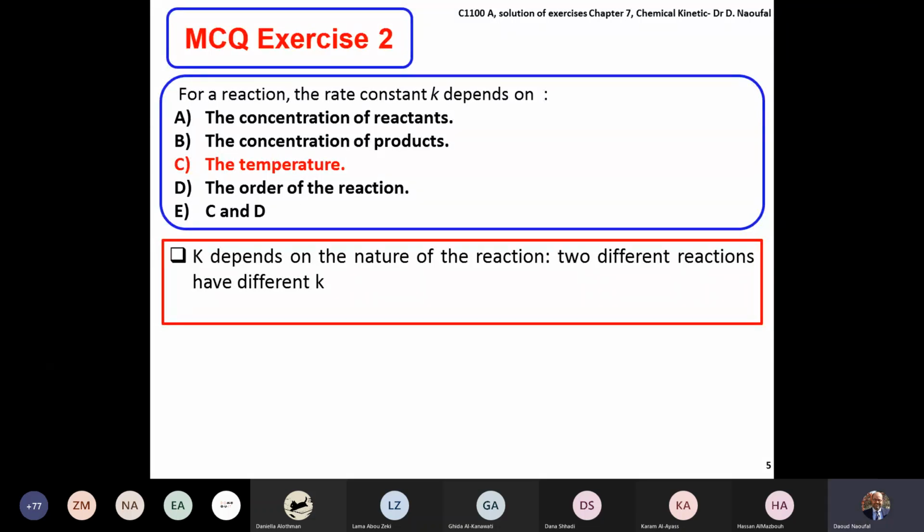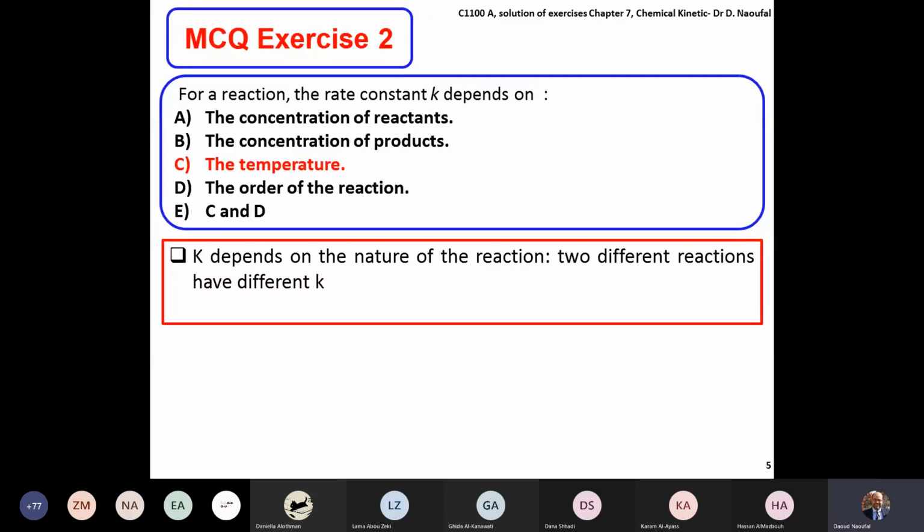For the same reaction at constant T, Ea is constant. Okay, so K is temperature dependent only.